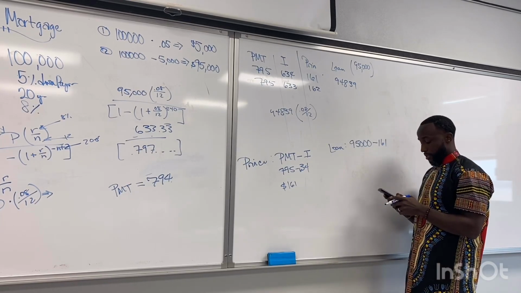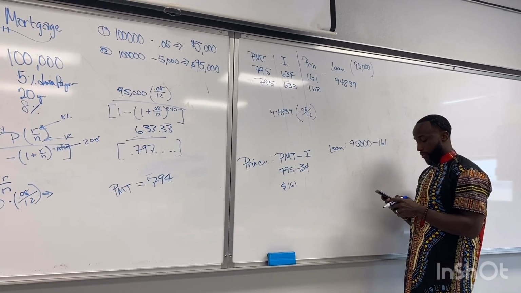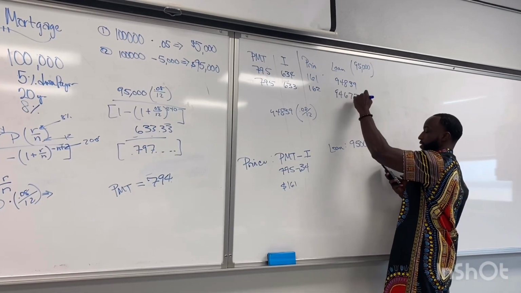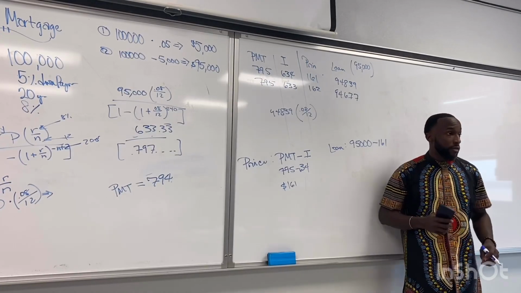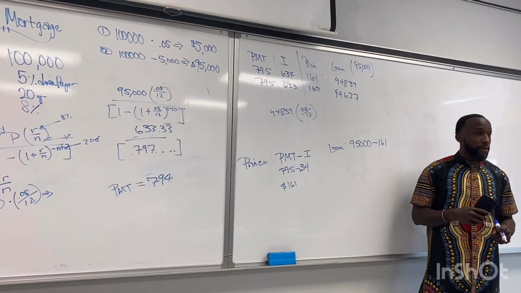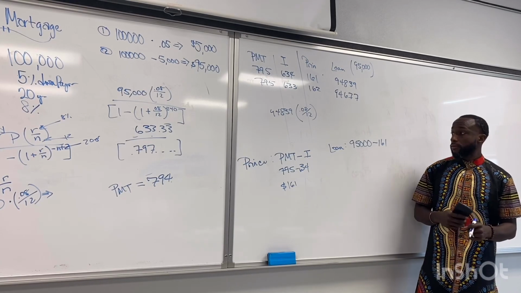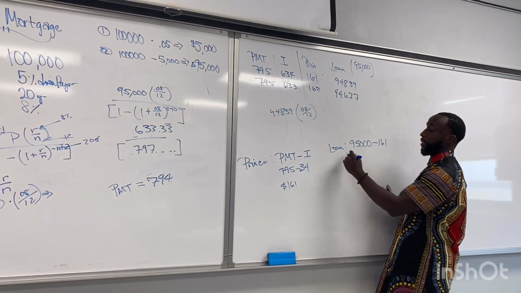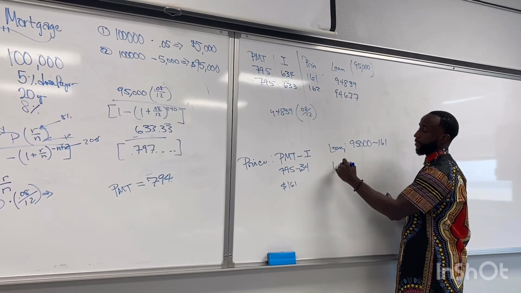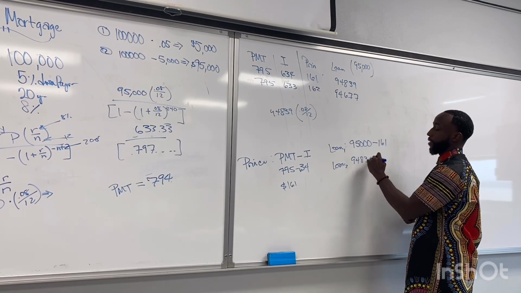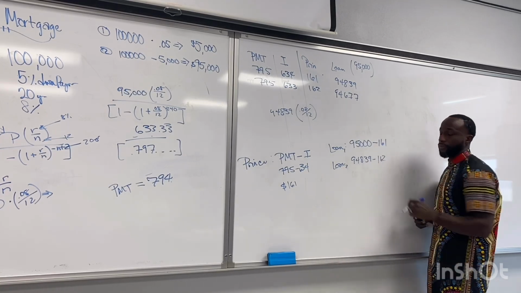Minus 94,839, you get 94,677. Everybody see that? So the first was 95,000 minus 161, and the second was 94,839 minus 162.